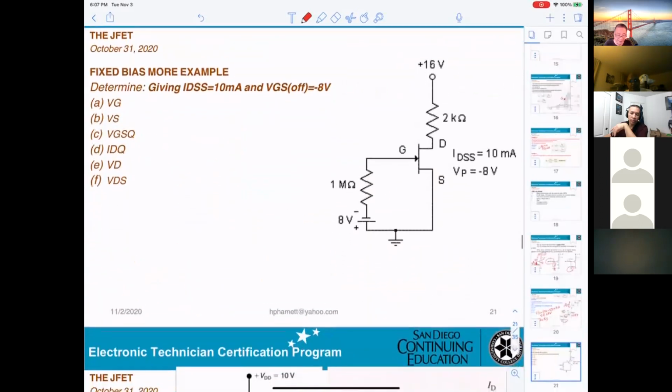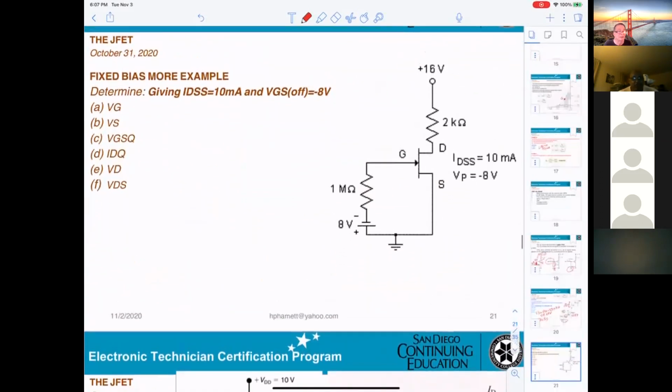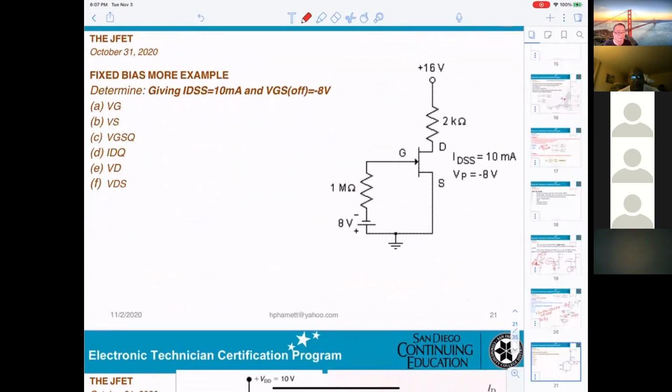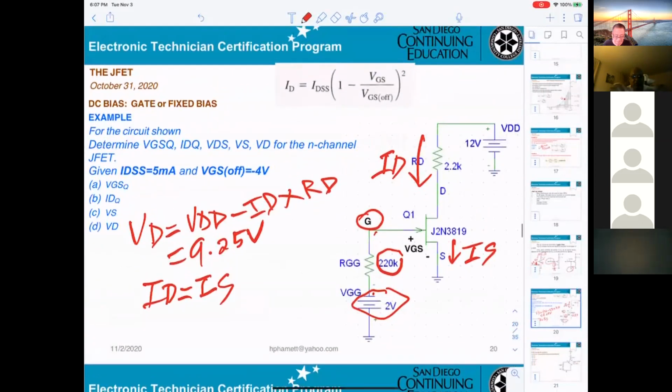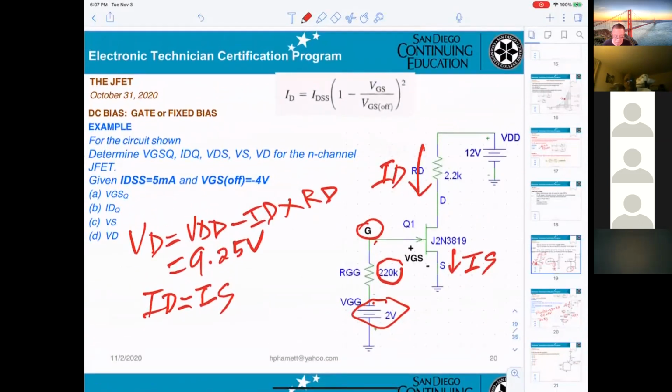Now you do for me. One question, I'm sorry. Regarding VD, I understand how you get the 9.25 volts, but I don't understand why it is not negative. VD is equal to VDD minus ID times RD.